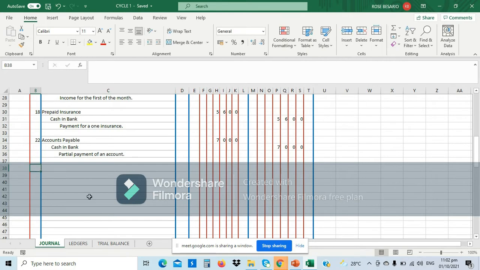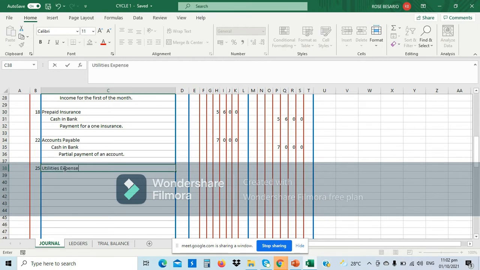Let's proceed to May 25. Sorry, 25. You only have to write the month once in a page. You only have to write it again if you're going to the next page. So this is 25th of May. Received unpaid electric bill 2,080. So this is utilities expense. So we debit utilities expense for 2,080.